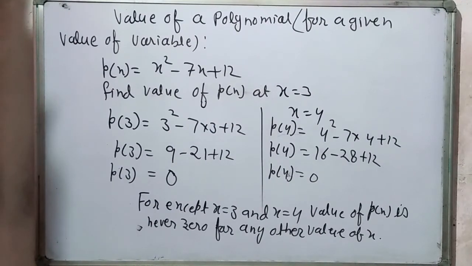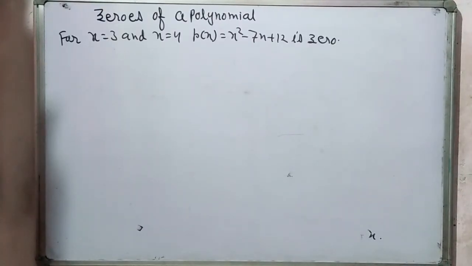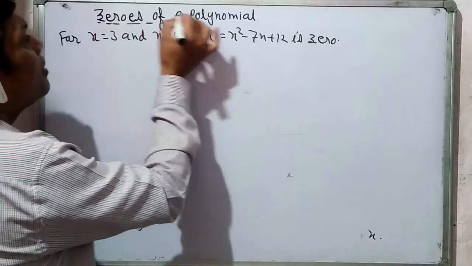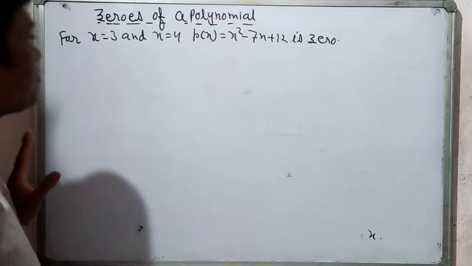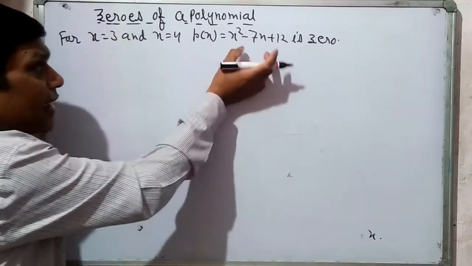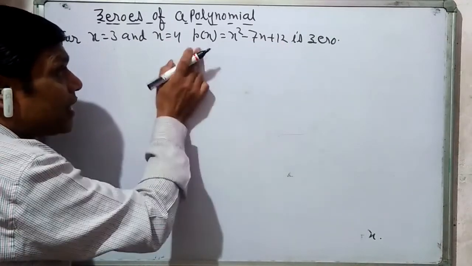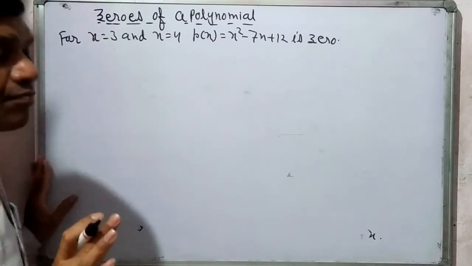Right? So with that concept in mind, we are going to define another very important term. That important term is zeros of a polynomial. It is a very, very important term in whole of algebra. I'll take it with the same example. What polynomial we had taken? x square minus 7x plus 12. What were the values for which its value was 0? The values of x were 3 and 4.